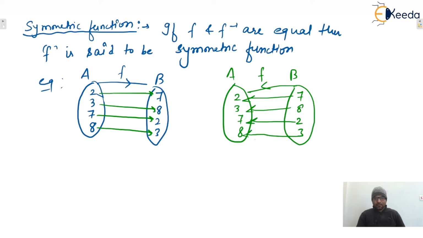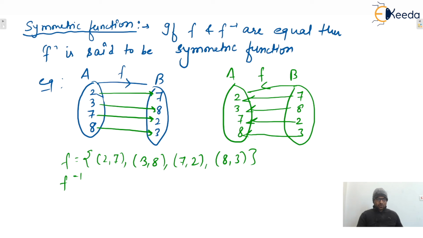So can we say that both functions are the same or not? In function f, 2 is mapped with 7, 3 is mapped with 8, 7 is mapped with 2, and 8 is mapped with 3.